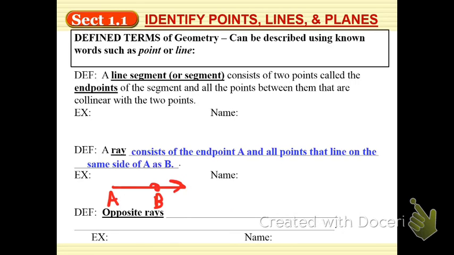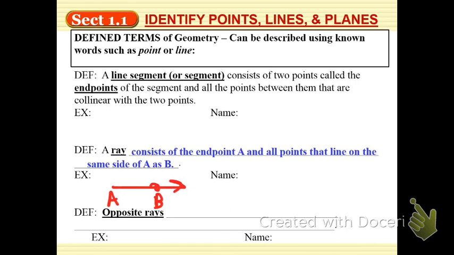Yes, A. I have to name the end point first. So the end point in this ray, it extends forever towards B. A is the end point. So when I name this ray, I might have a B here, I might have a C, D. Those other letters don't matter which one I use, but I have to start it with A, and then I would call this ray AB.